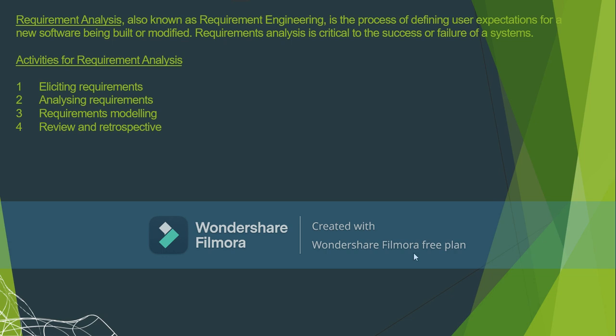Then you have requirements modeling. Requirements modeling is basically the documentation of requirements in various forms. It can be use cases, user stories, or anything that is best suited. If you are using agile, you'll definitely have user stories.